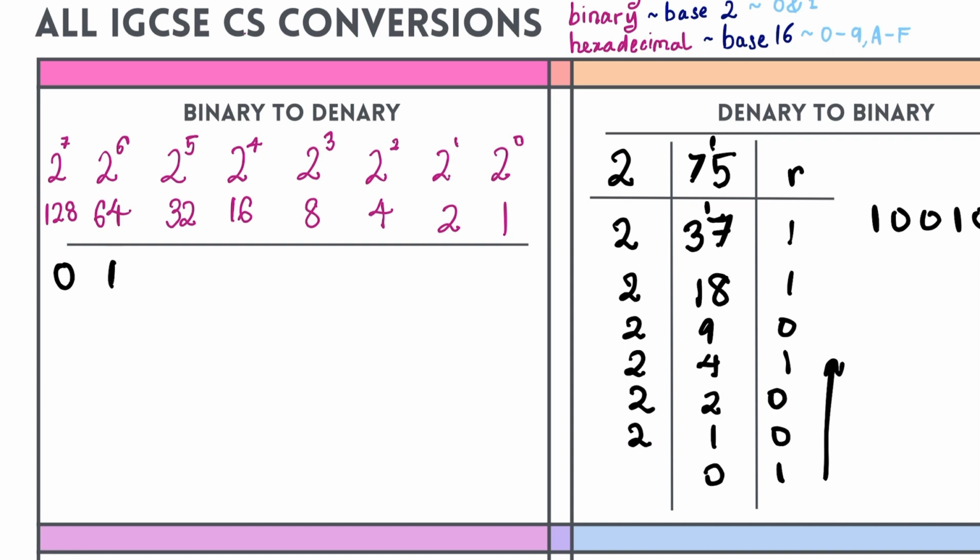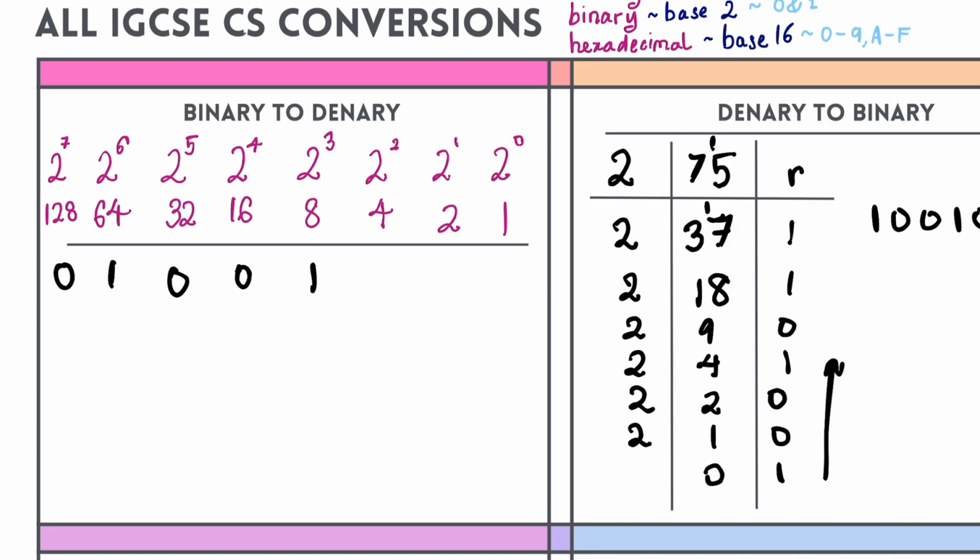But 64 is less than 75, so that switch is going to be on. But if we turn on both 64 and 32, we're going to get 90-something. We don't want that. And if we add 64 plus this, we're going to get like 80. We also don't want 80, we want 75. So 64 plus 8, yeah, that's good.